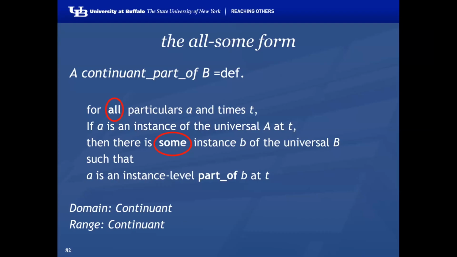In the BFO, you have A continuant part of B in the OWL version, but the semantics is: for all particulars A and times T, if A is an instance of the universal A at T, then there is some instance of B of the universal B, such that A is an instance-level part of B at time T. If you look at the first-order logic axiomatization, then you will see that continuant part of at universal level is also time indexed.